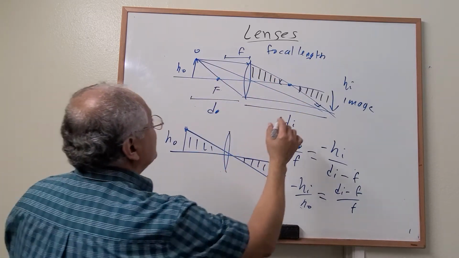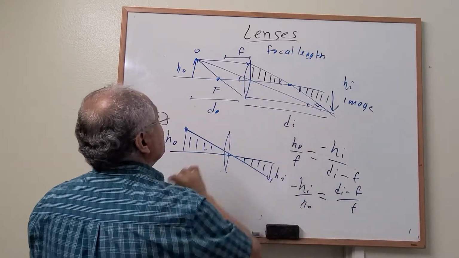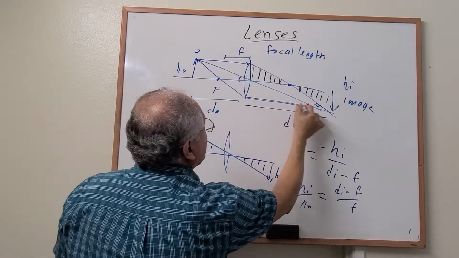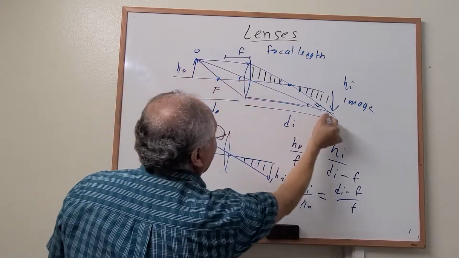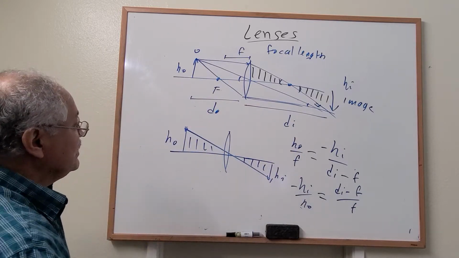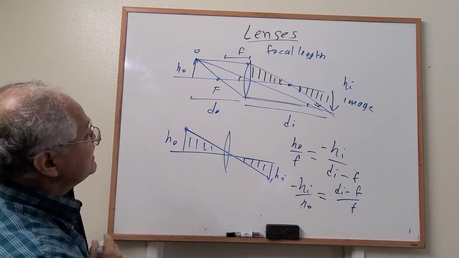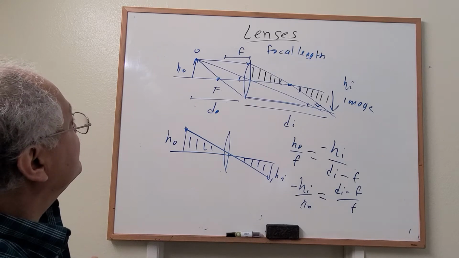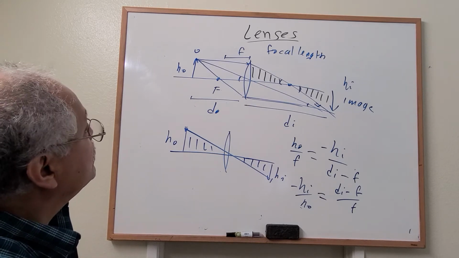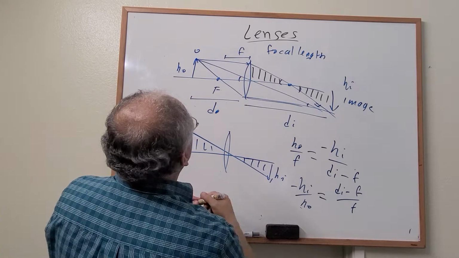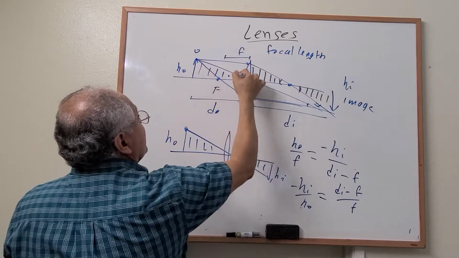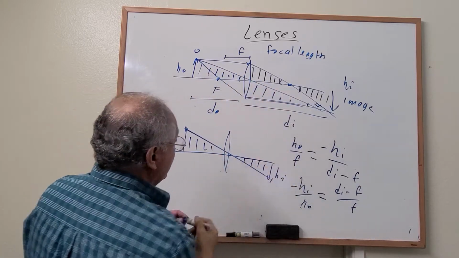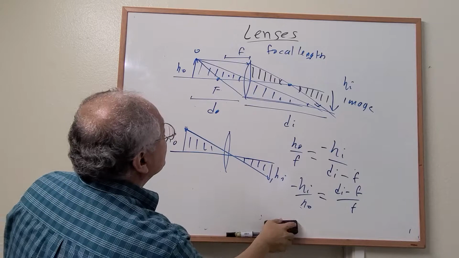Perfect. Then again, these two angles are the same, correct? Because this is parallel to this one and this line is the same line. So it's going to be this triangle and this triangle.